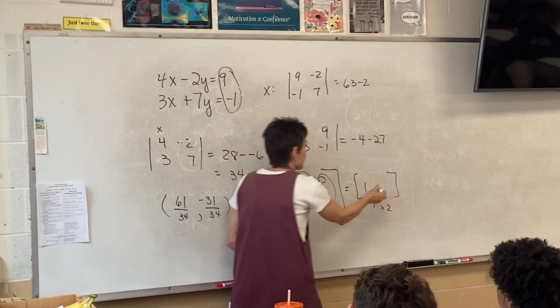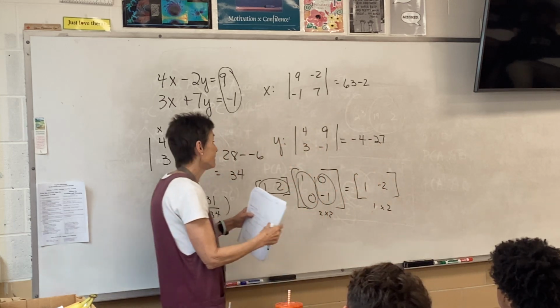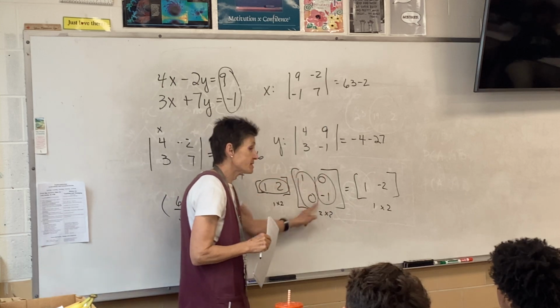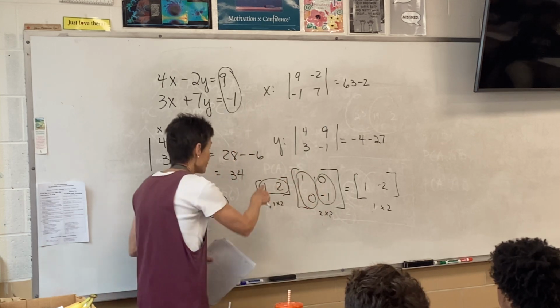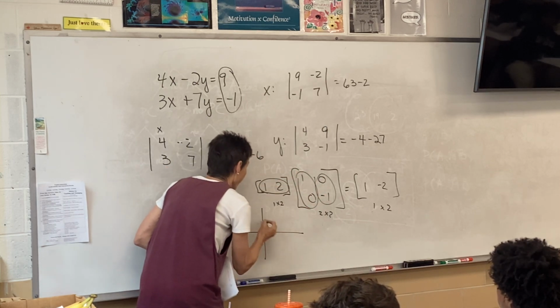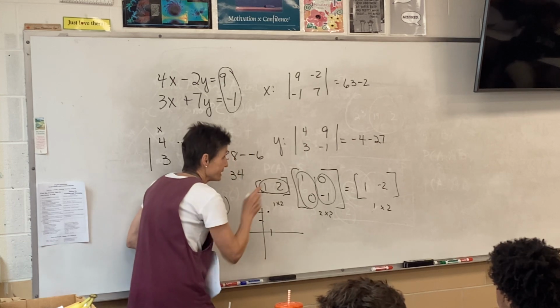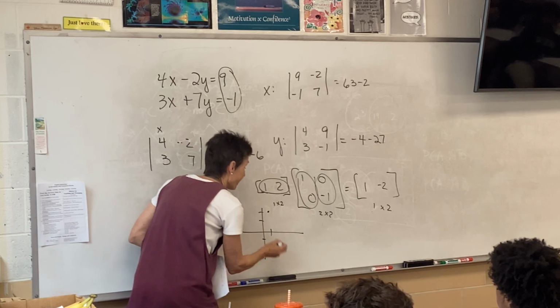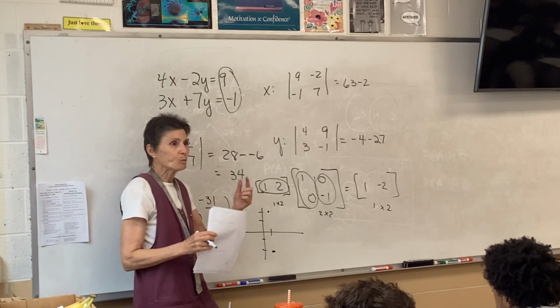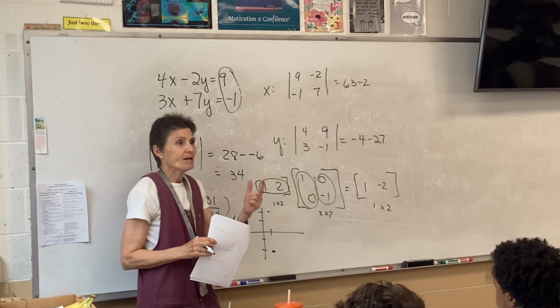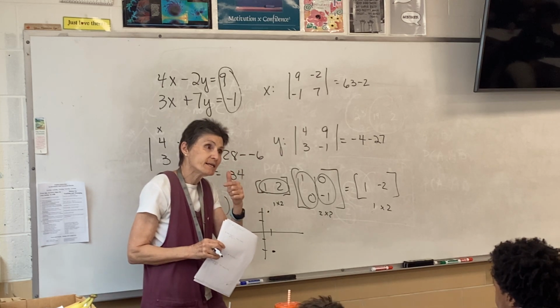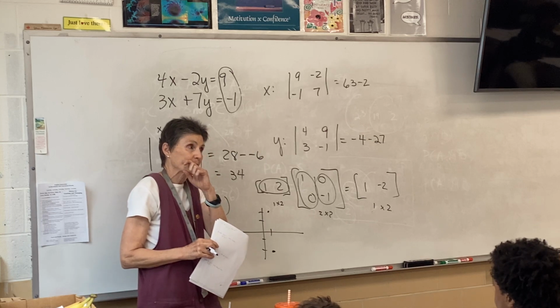0 minus 2. So what did multiplying by this matrix turn the point 1 comma 2 into? The point 1 comma negative 2. In other words, what did it do? It reflected it across the x-axis.